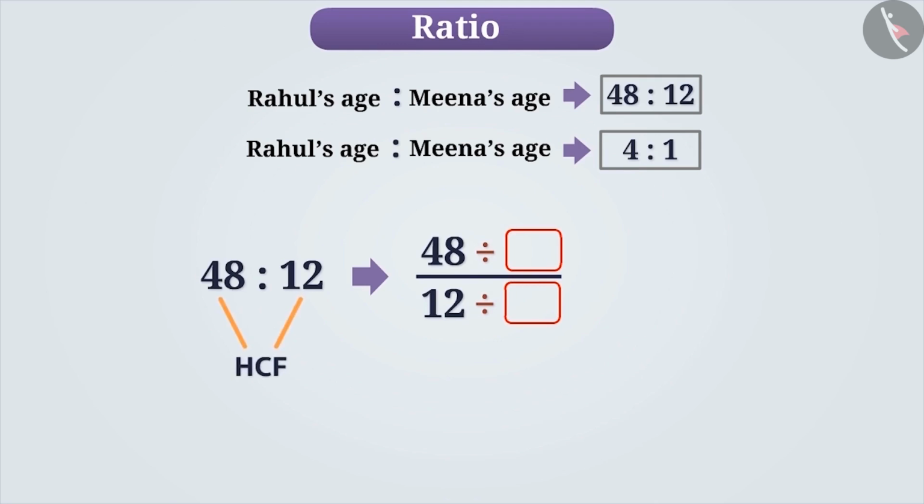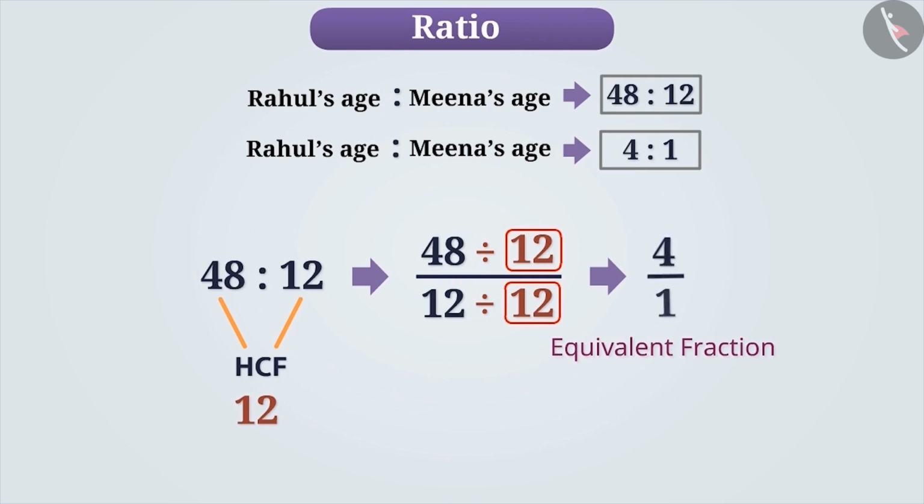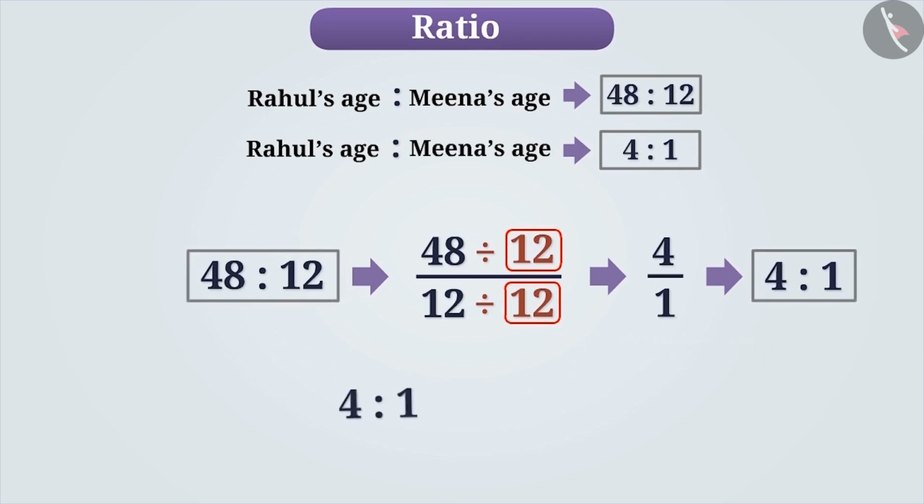Since the HCF of 48 and 12 is 12, we divide both the numerator and the denominator by 12. By doing so, we get its equivalent fraction as 4/1. We can write this in the ratio form as 4:1. Thus, we can say that 4:1 is equal to 48:12.